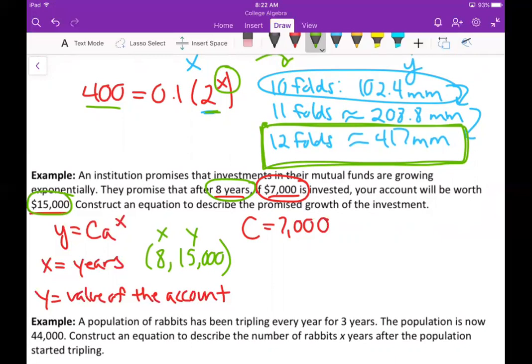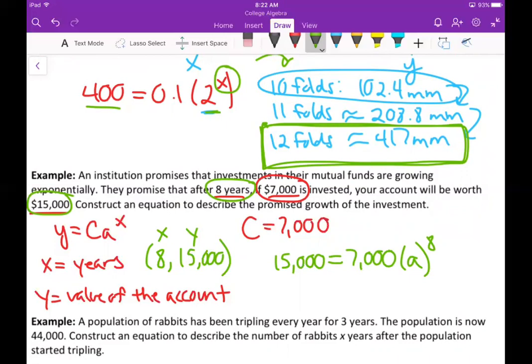So y is 15,000, which equals c, which we know is 7,000, times a, which is what we're trying to find, to the x, and x is 8. Now, we've been doing a lot of work with exponents in chapter 4, so that's going to help us solve this equation, because we can solve this one. The exponent is not what we don't know, it's the base that we don't know.